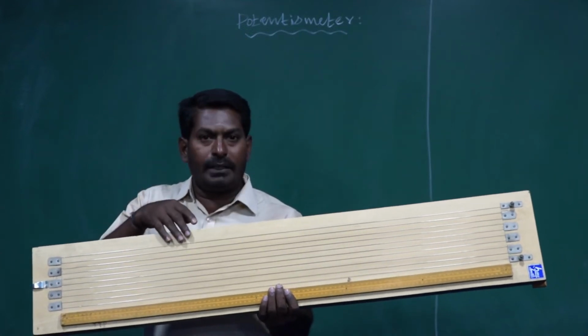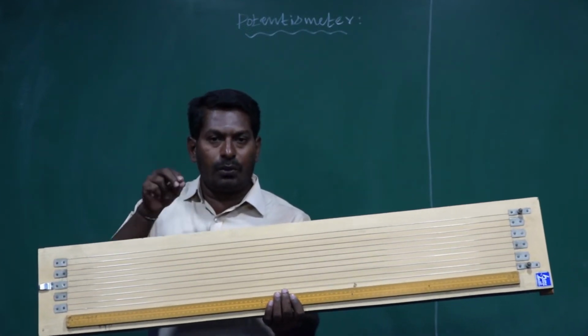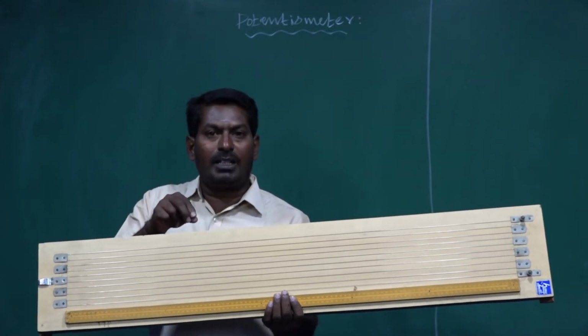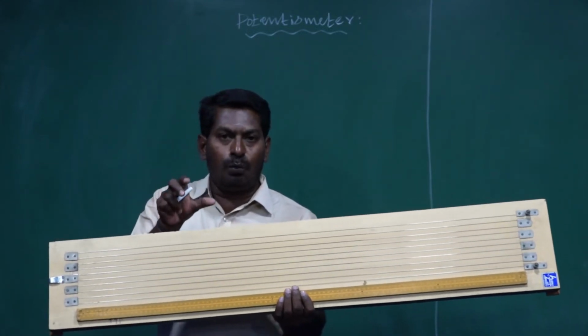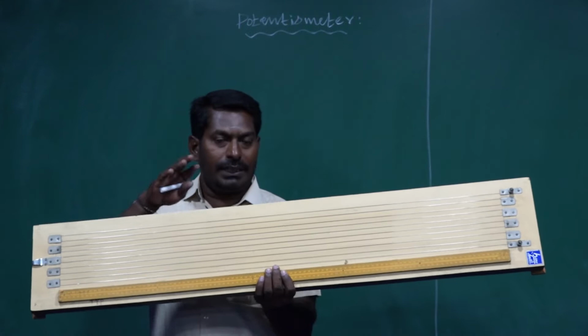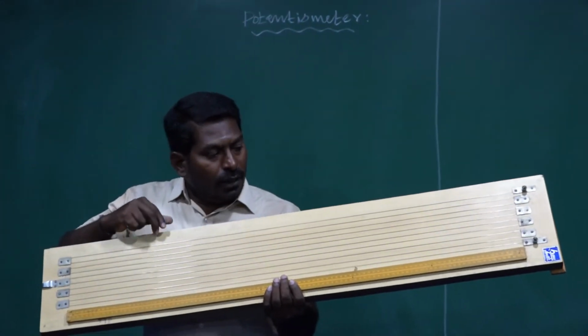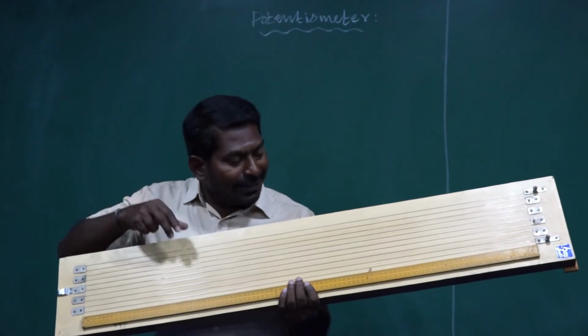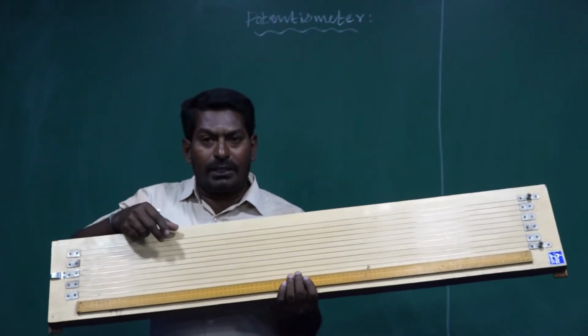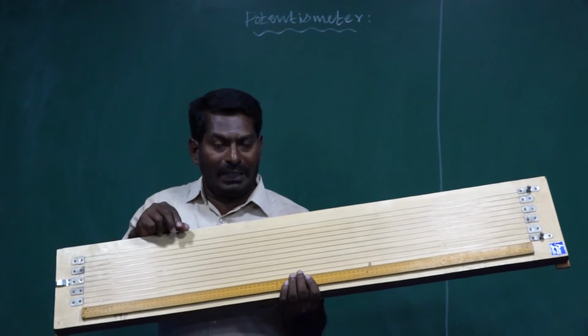But a potentiometer is an instrument which is used to measure the accurate potential difference between 2 points in a current carrying circuit. See the instrument. The potentiometer instrument consists of a 10-meter long uniform manganese wire.